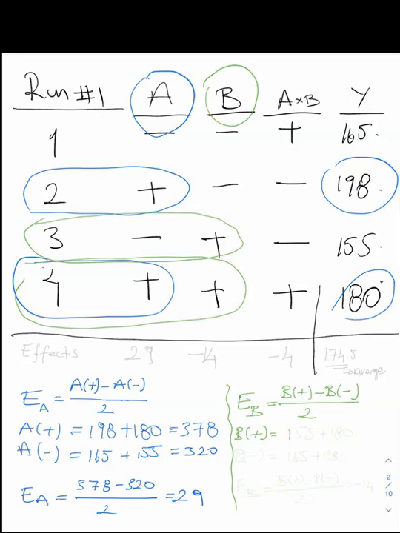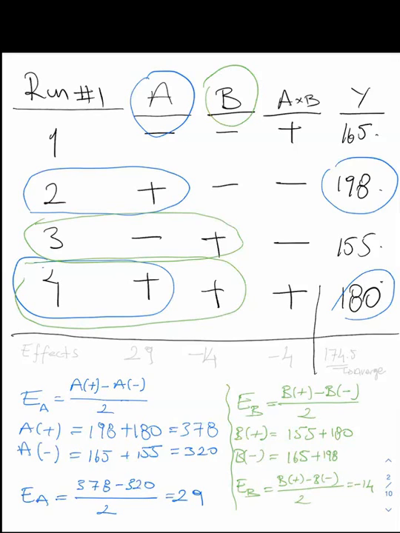And that means that it's going to be 155 plus 180, and B minus is going to be the cases when the B was minus, right? So you can readily say that's going to be 165 plus 198. And if I write the effect of B, right, it's going to be B plus minus B minus divided by 2, and that's going to give me minus 14.